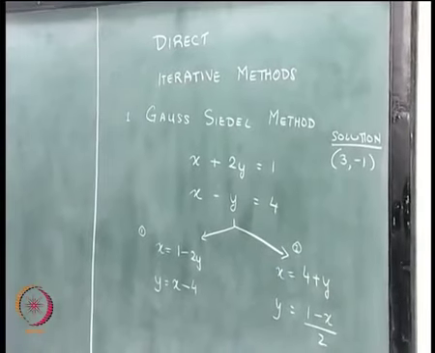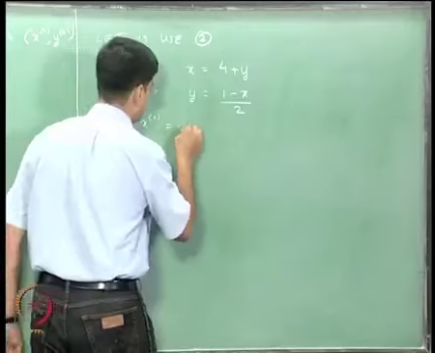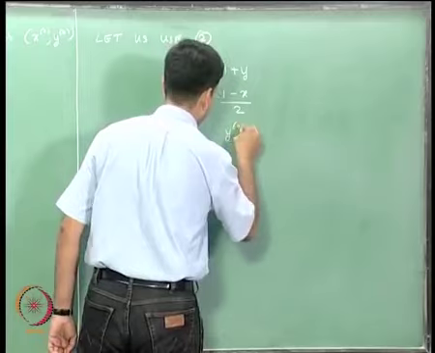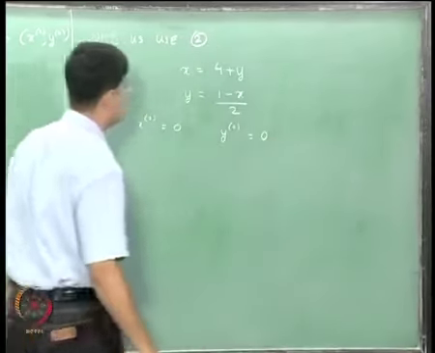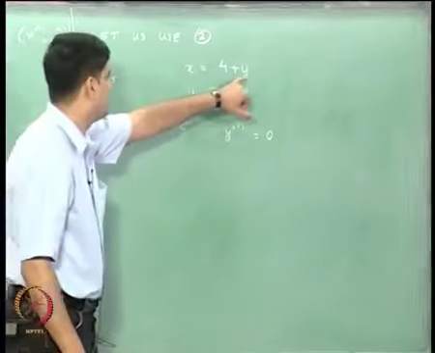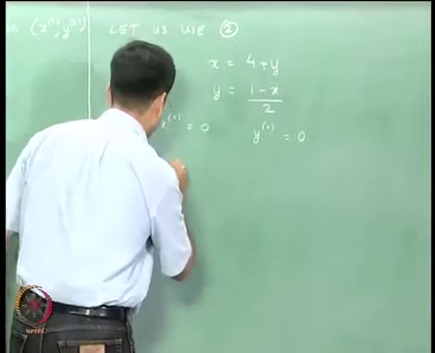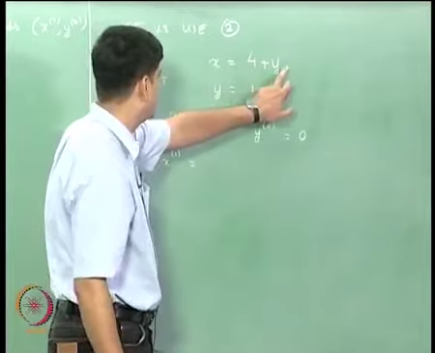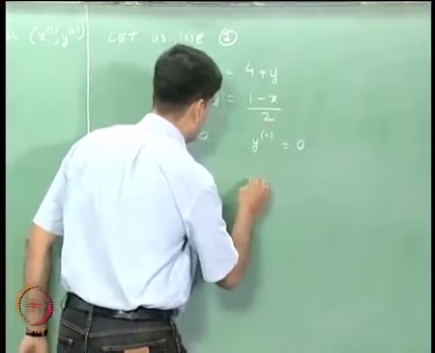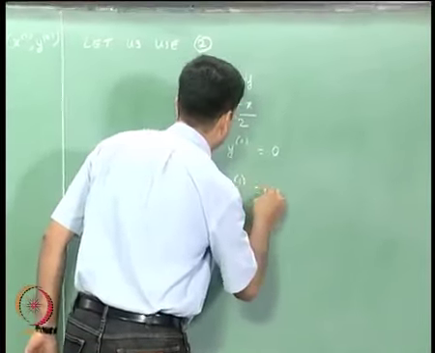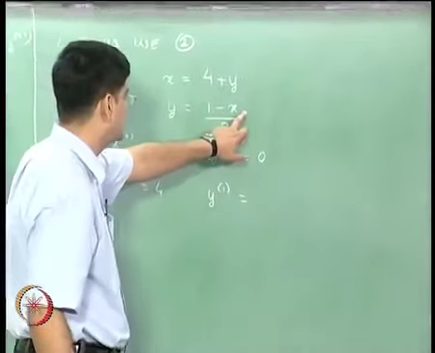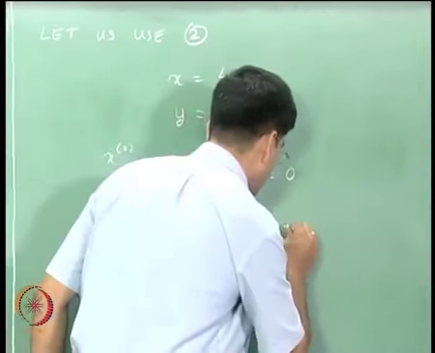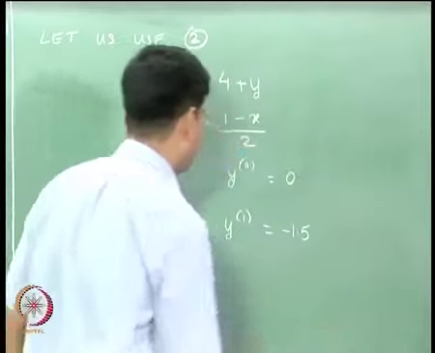We started off with x0 equal to 0, y0 equal to 0. Okay. So, we substitute y0 in this particular equation, we will get x1 equal to 4 plus 0, that is 4, y1 is going to be 1 minus 4, that is negative 3 divided by 2, that is minus 1.5.